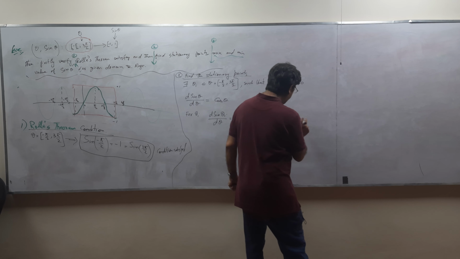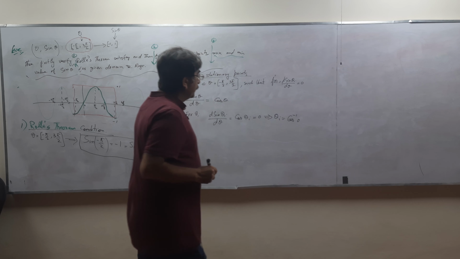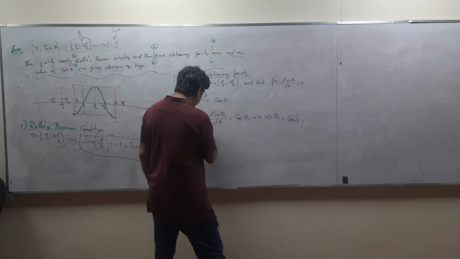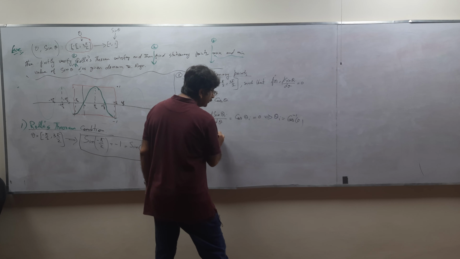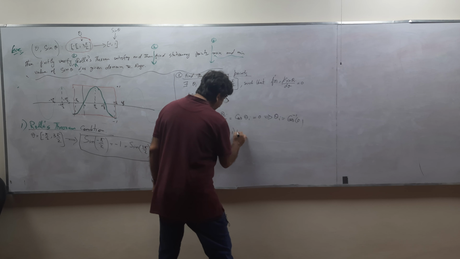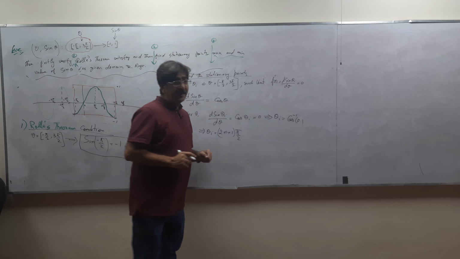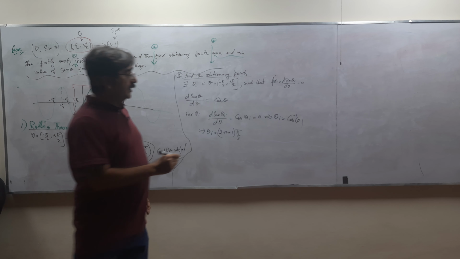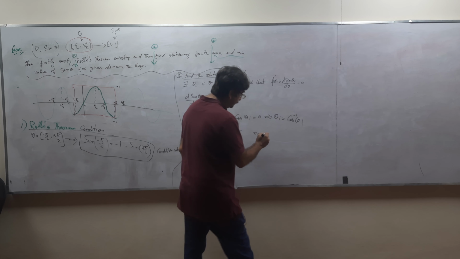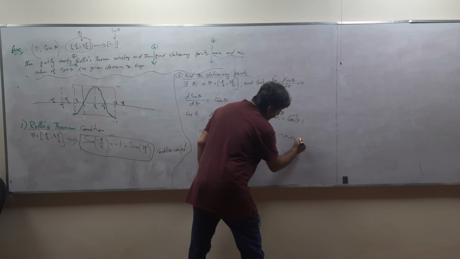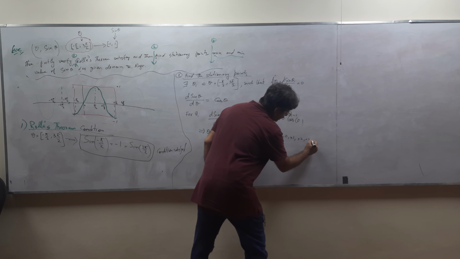Always remember this condition, okay? Because cos theta is 0 at, this implies that 2n plus 1 pi by 2. Why is this 2n plus 1 by 2? Because cos theta is 0 for all odd multiples. The n value may be 0, minus 1, minus 2, minus 3 and so on, plus 1, plus 2, plus 3 and so on.